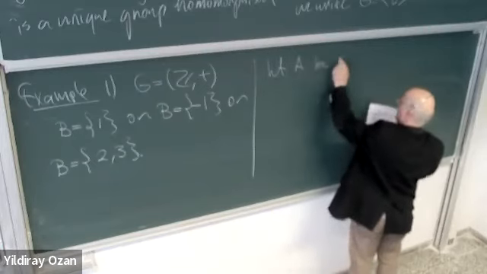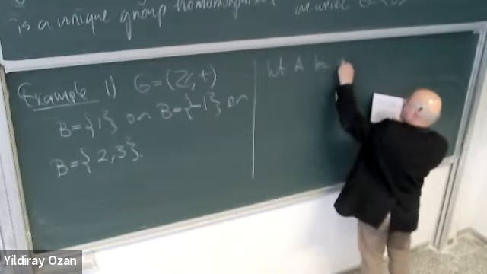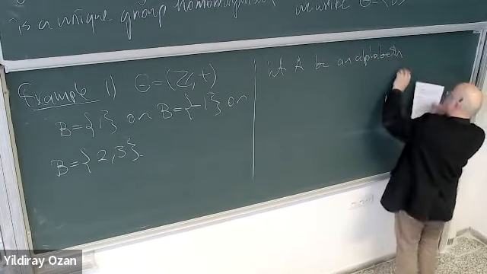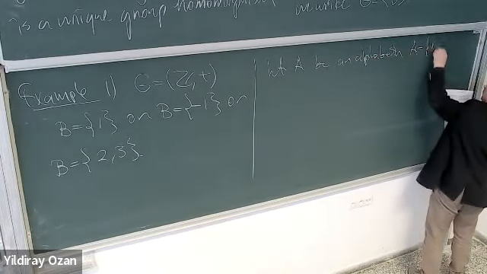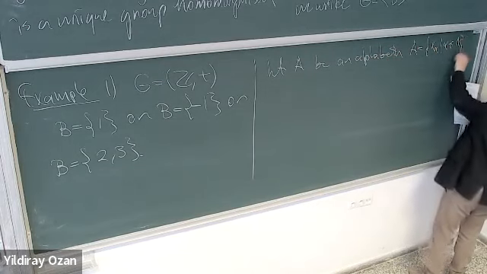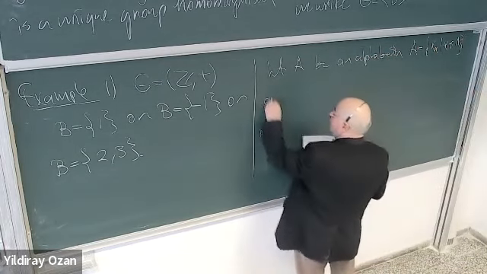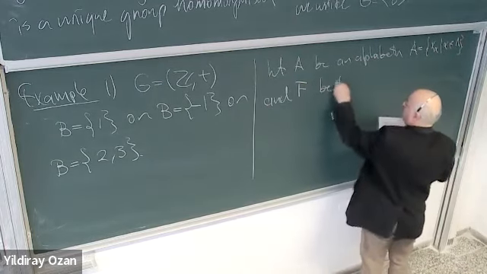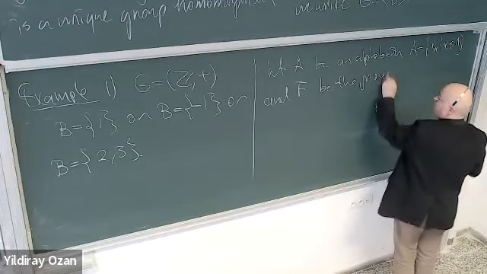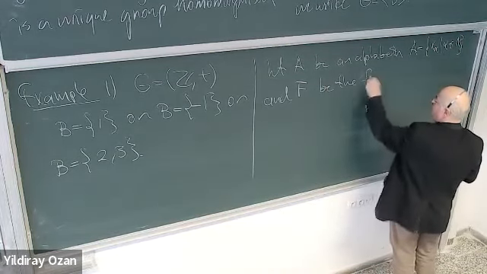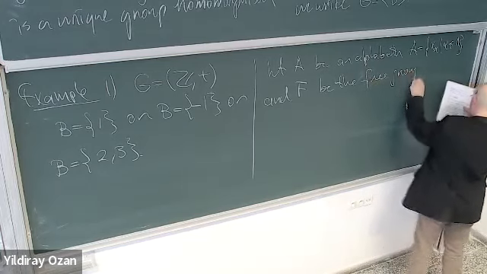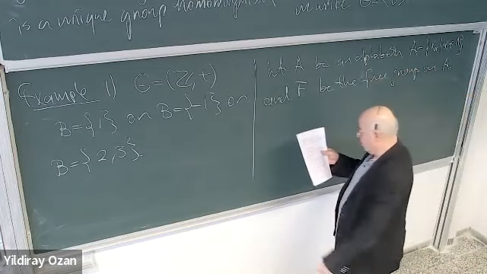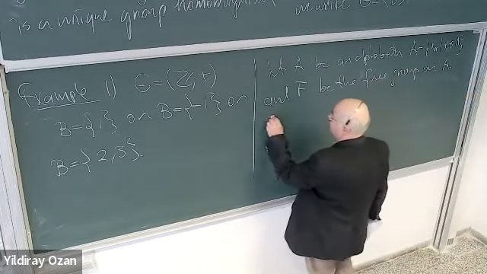So let A be an alphabet, consisting of letters like this, and F be the free group on A.